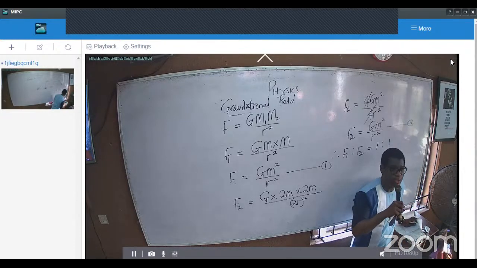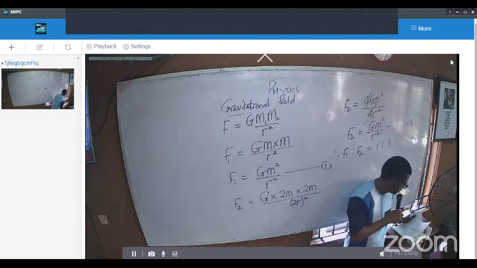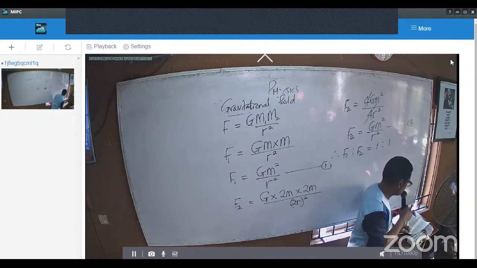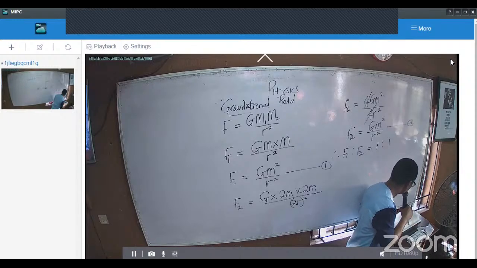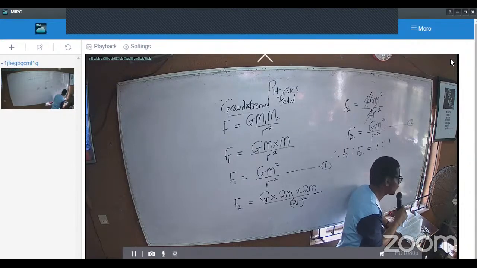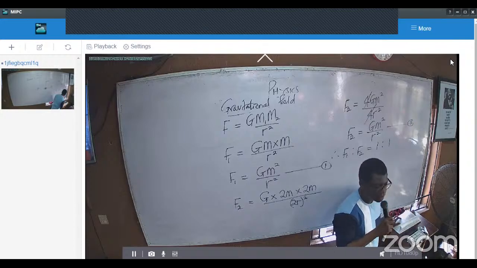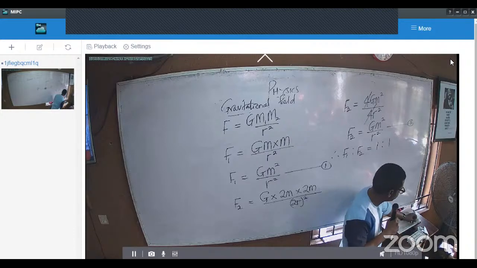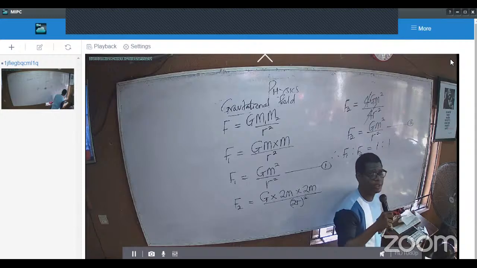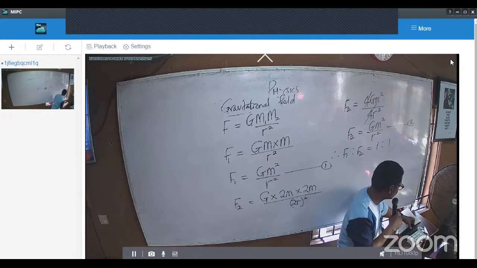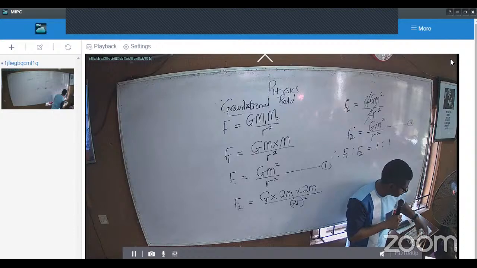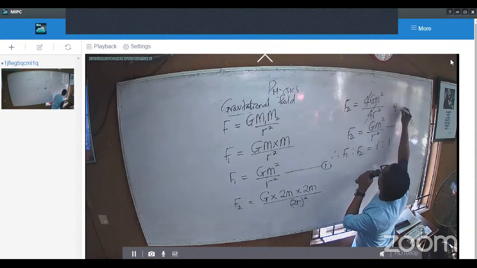Let's go. Number 6. The force between 2 bodies at a distance of 4 times 10 to the minus 3 meters is 900 Newton.